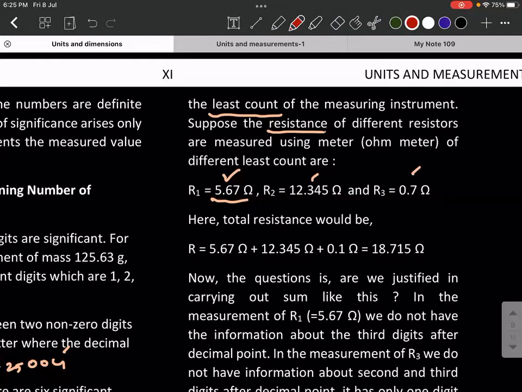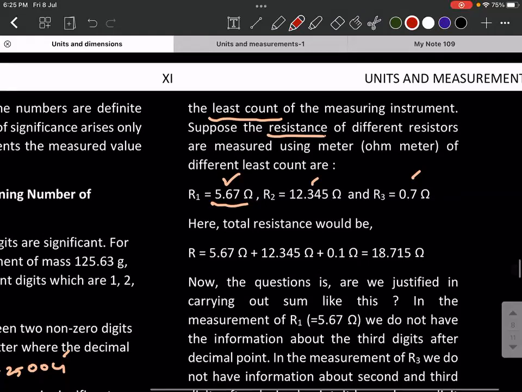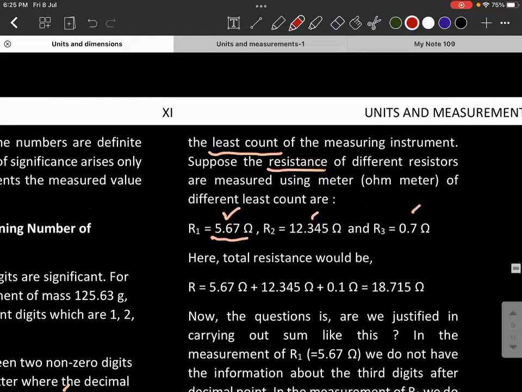But how should I report my answer? Should I tell my answer is 18.715? Guys, are you able to understand the context? So 5.67 means 5.670, 12.345, and 0.700.